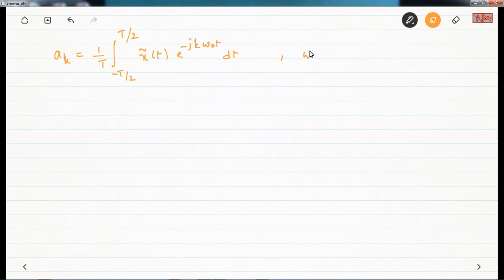And you should also know that omega naught is equal to 2 pi by T, right? So now I can write this as, see, the important step is minus T by 2 to plus T by 2 of x of t e^(-j k omega naught t) dt.